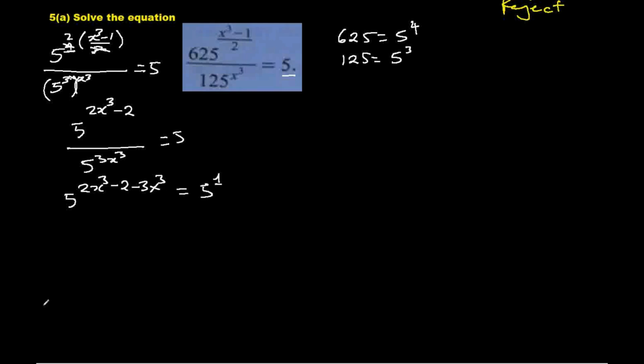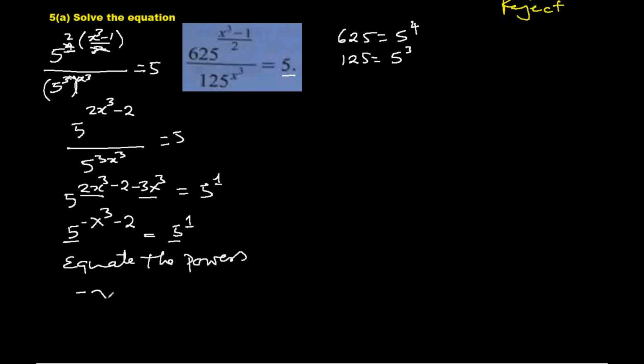It is the same thing. So 2x cube minus 3x cube is minus x cube. 5 to the power minus x cube minus 2 equal to 5 to the power 1. Since the bases are same, now we can equate the powers.